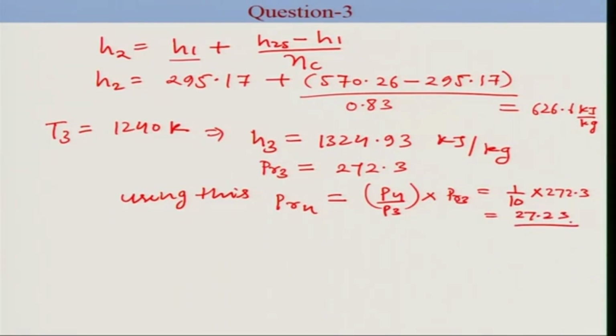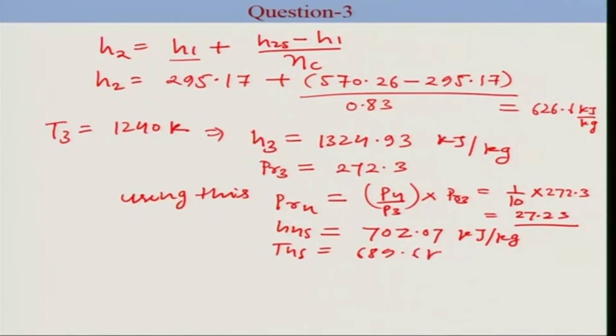So, corresponding to this reduced pressure, H4s can be taken from the table, which is 702.07 kilojoule per kg, and T4s equal to 689.6 Kelvin.